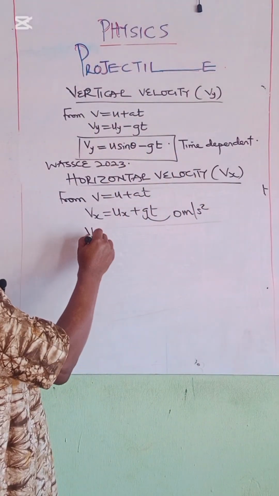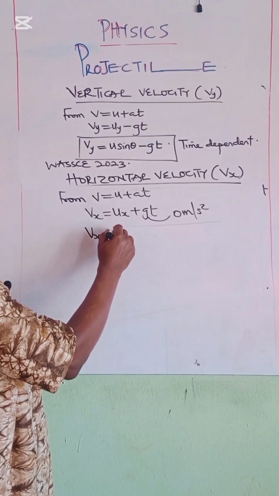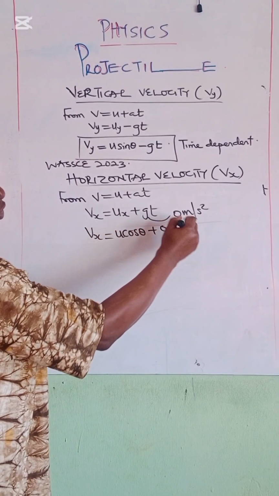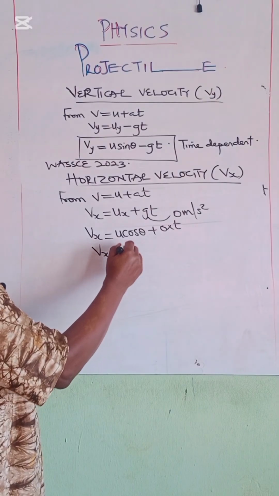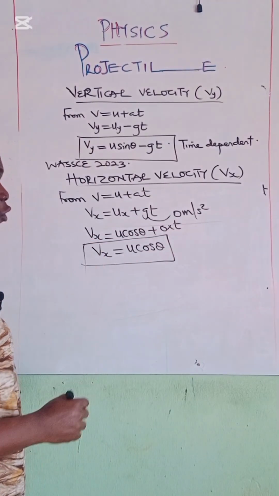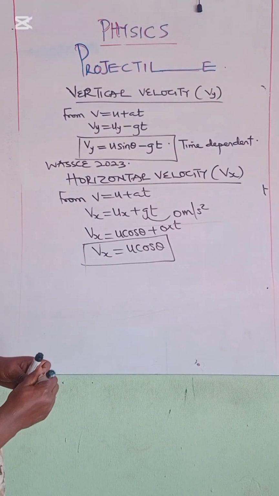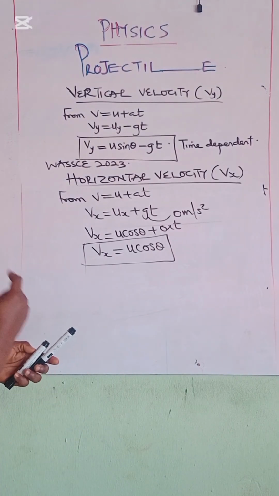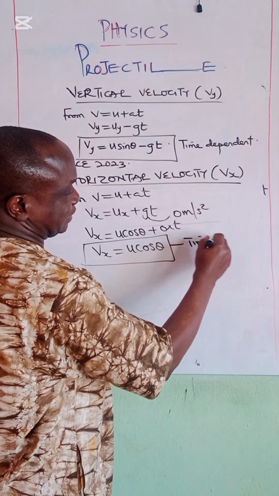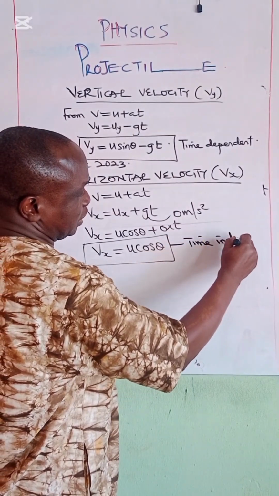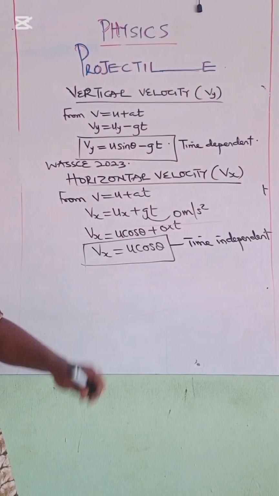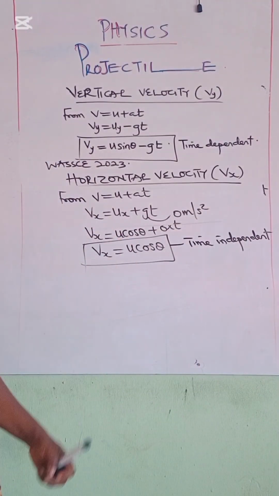So Vx will now be ux, that is u cos θ, plus 0 times t. So our final answer will be Vx = u cos θ. This is the formula for finding the horizontal component of final velocity, and it is time independent. It does not depend on time. You can't see t here, meaning it doesn't depend on time. So that's the formula for finding that.